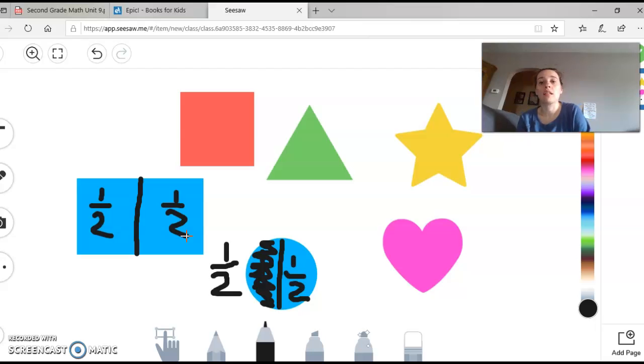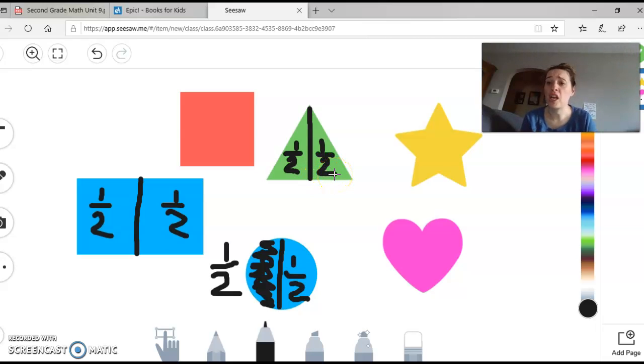Okay, let's look at the triangle. I can cut my triangle in half like this, right down the middle. They're the same size and the same shape. Okay, so this is 1/2, 1 out of 2, and this is 1/2. 1 out of 2.